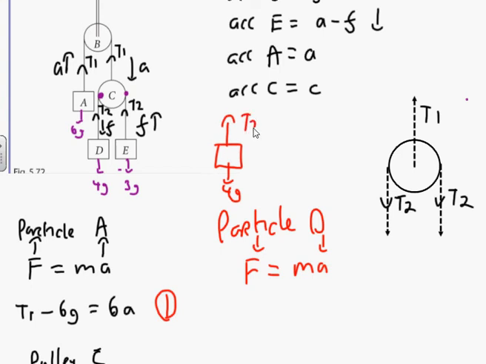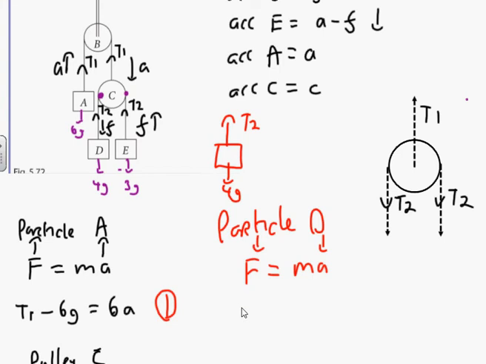T2. Remember, it's called connected particles, so it's only what's immediately connected to it. T1 is not connected directly to D, so therefore T1 cannot be in this equation. The only things connected directly to D are T2 and your 4G.